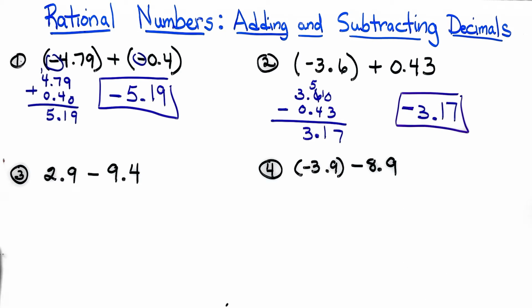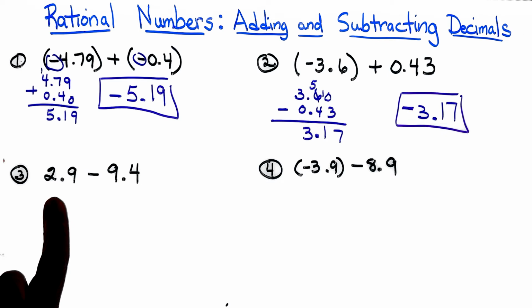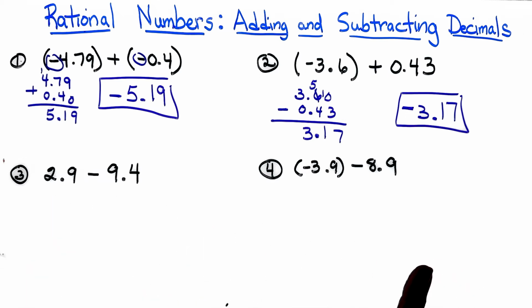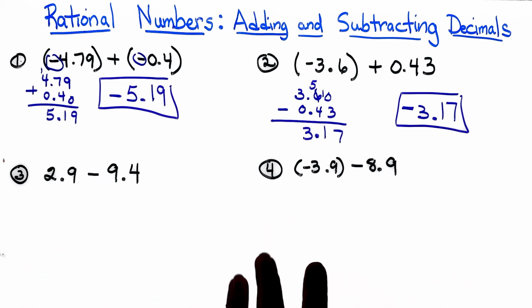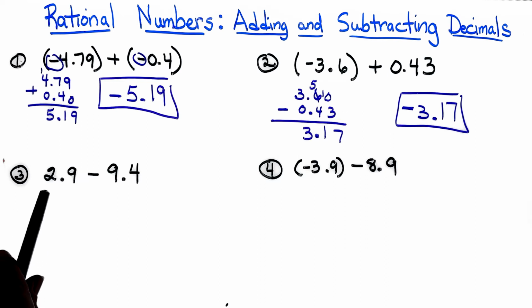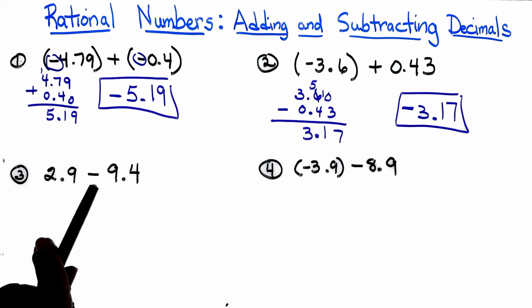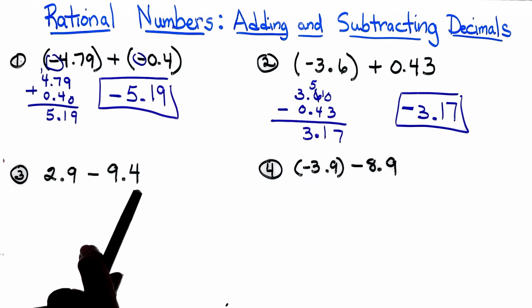Looking at number 3. Wow, so now those were addition. Here's some subtraction problems. Well, remember when we had negative numbers and we ended up having to rewrite it as an addition problem. Well, this is 2 and 9 tenths minus 9 and 4 tenths.